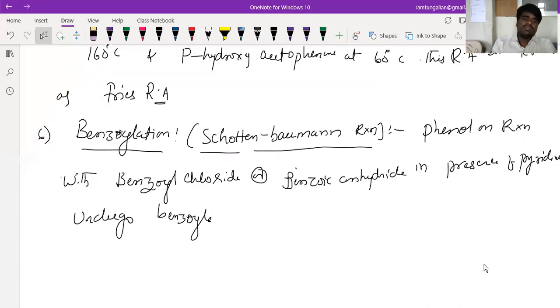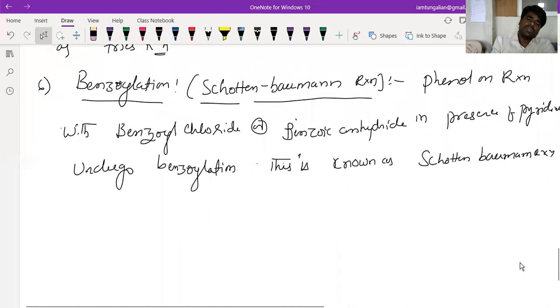Now, next in the sequence, we have the benzoylation reaction. This is also called the Schotten-Baumann reaction. Phenol with benzoyl chloride is known as the Schotten-Baumann reaction.